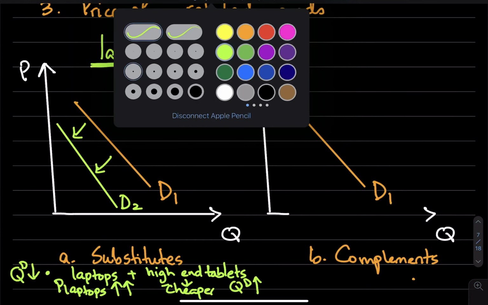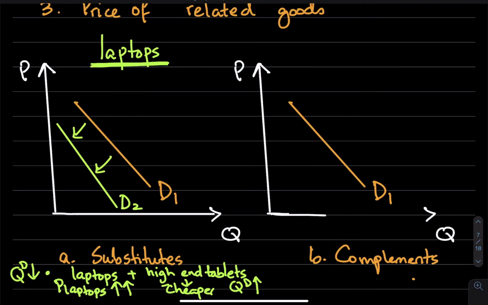Now we can think about another example, which is to do with complements. When you want to think about complements, you can think about computers and software.